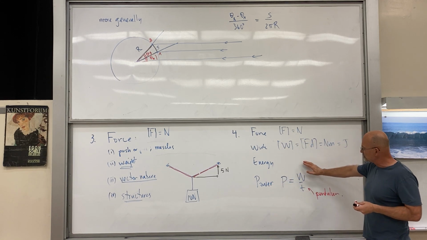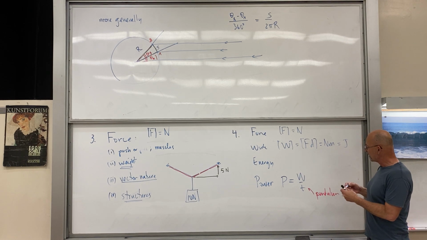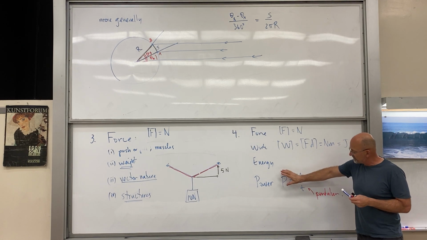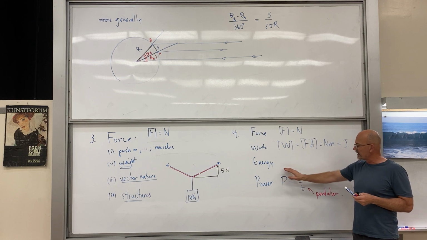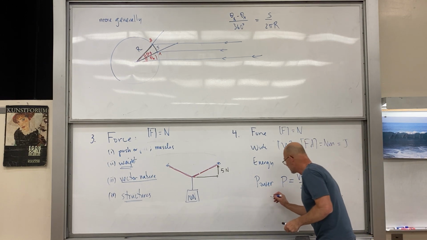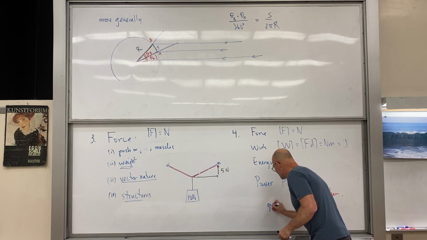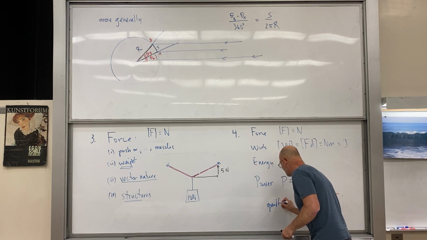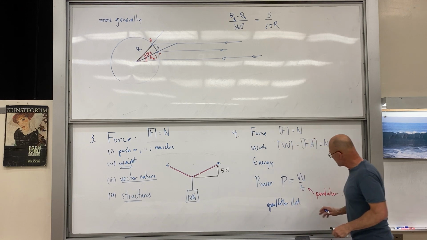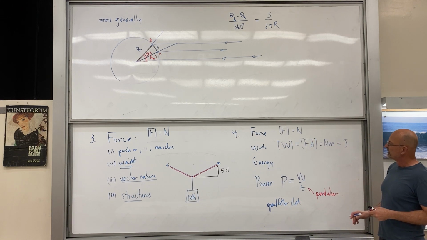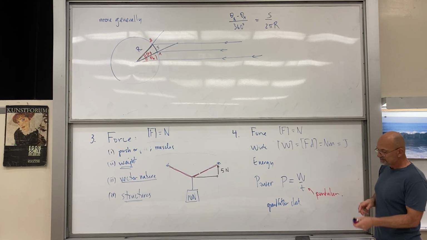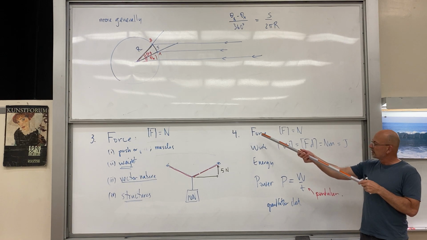Okay, that was a crucial formula, the grandfather clock, but I'm going to wait till we have Newton's laws to talk more about the grandfather clock. I'll just write it down here, grandfather clock. Grandfather clock, pendulum time.